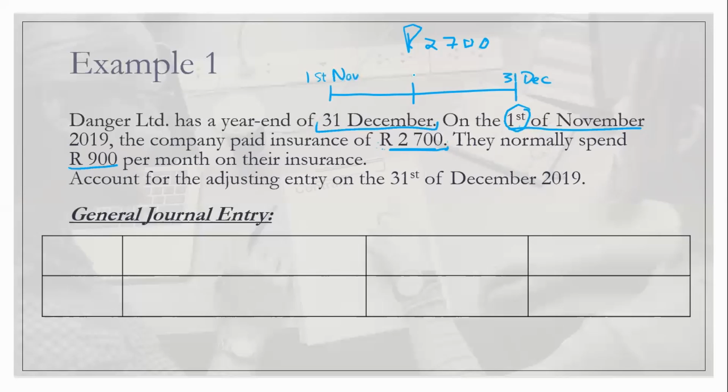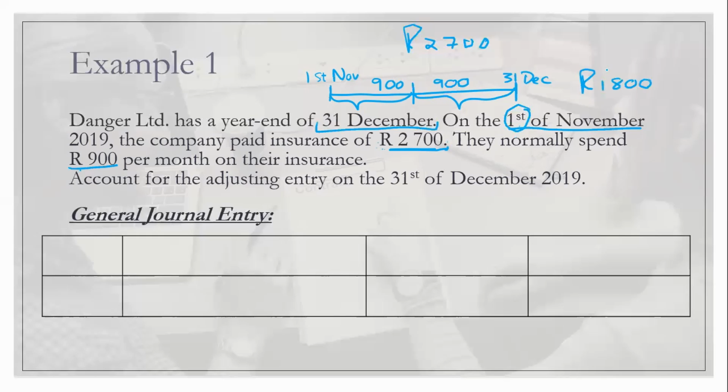Everyone still with me? So we have 2 months in our financial year that we have to pay for. But we know that per month they only pay 900. Meaning that in our financial year, how much money did we actually spend? 1,800 Rand.